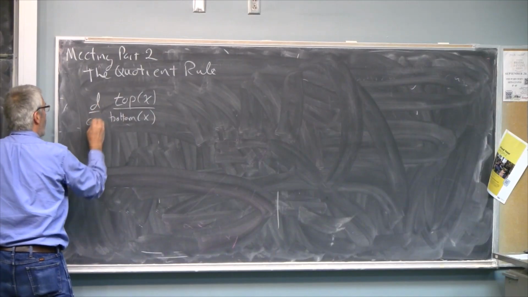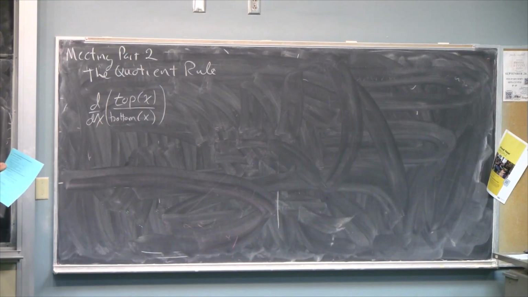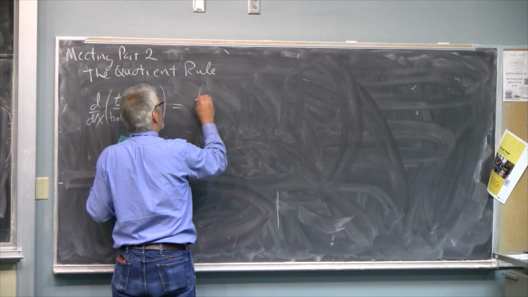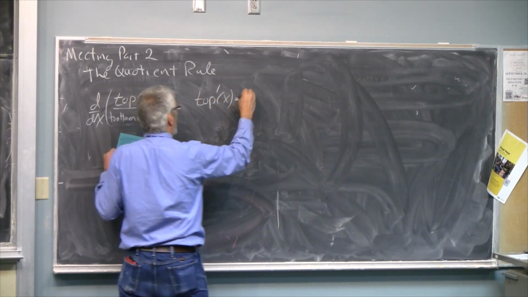So what if we had to find the derivative of this? Well, that would be the following. You find the derivative of the top function, so top prime, and you multiply that by bottom.